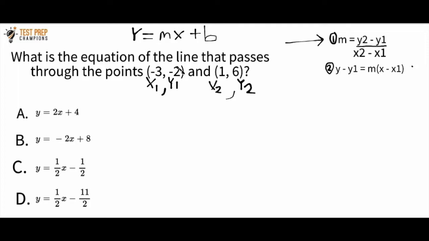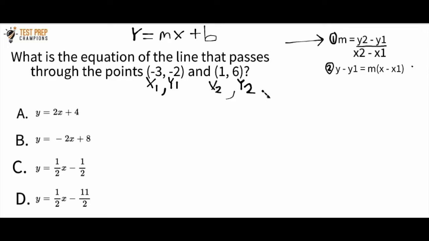You could do it the other way, making 1 x1 and 6 y1, and -3 x2 and -2 y2, but I think people just get confused when you do that. So if you get a question like this, just make the first pair x1, y1, and the second pair x2, y2. That's not the only way to do it, but I think it's the easiest way. Math is hard, and we don't want to make it any harder than it is, right?